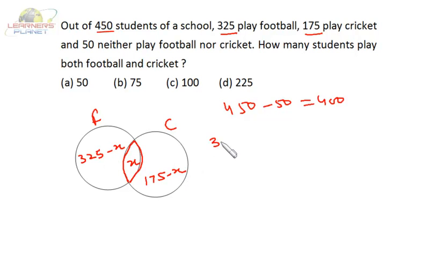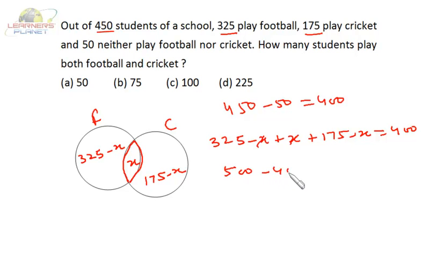That is 325 minus X plus 175 minus X is equal to 400. Now we can solve it. 325 plus 175 is 500, minus 400 is equal to X. So X is 100. Very simple problem. I hope you are clear. Let's take the next problem.